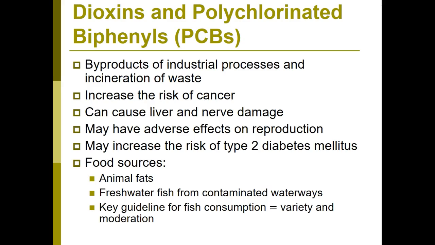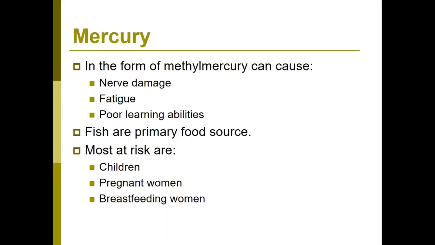Food sources do include animal fats, but we usually associate this primarily with freshwater fish, which come from contaminated waterways. And a key guideline for fish consumption is variety and moderation. So again, mix it up a little bit. Don't consume too much of any one type of fish in a short period of time.